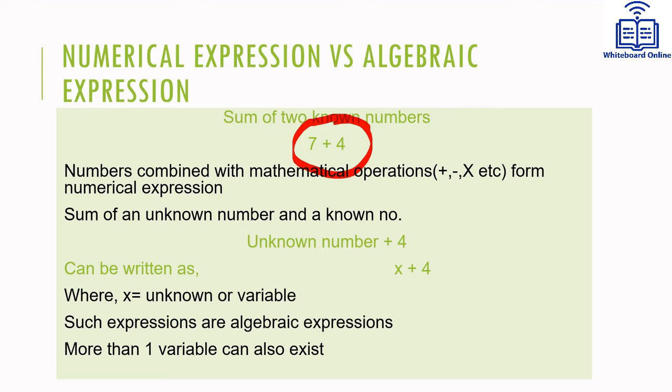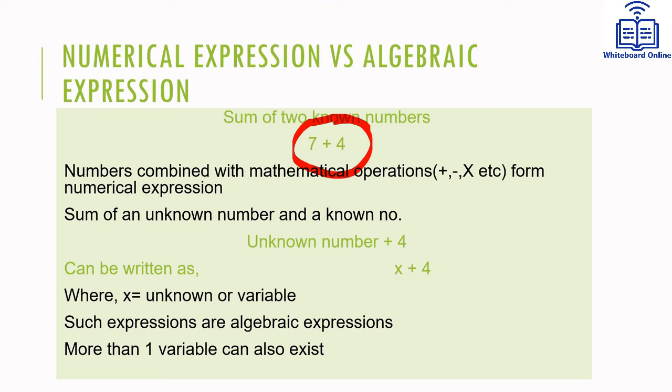And what is an algebraic expression? How can it be written? Now what happens if one of these numbers is unknown? We will write it as unknown number plus 4, and in maths we know that an unknown number can be represented by variables x, y, z.